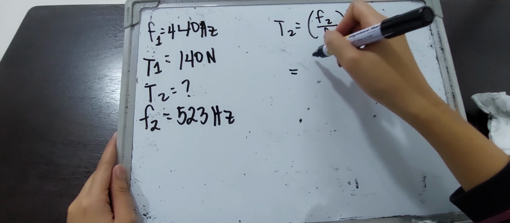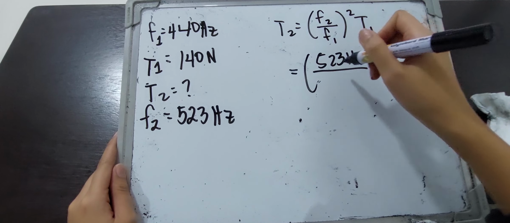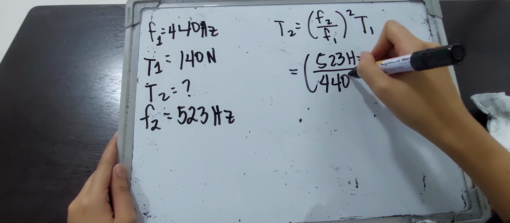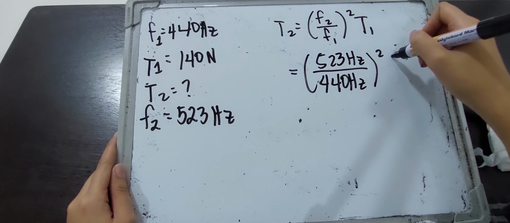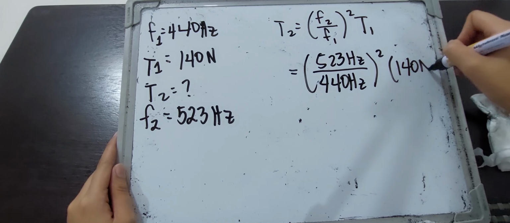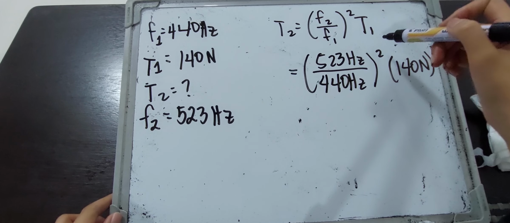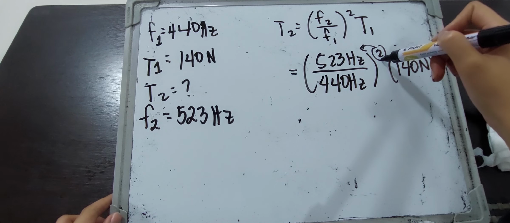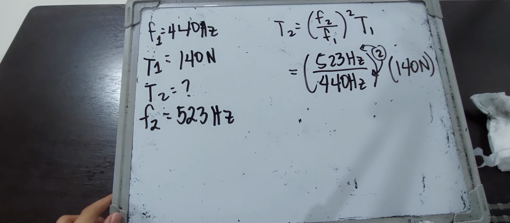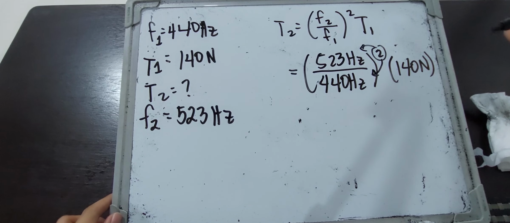F sub 2 is 523 Hertz divided by F sub 1, 440 Hertz, squared, times 140 Newtons. To be sure the answer is correct, square the 523 first and square the 440 Hertz too, so you do not get confused.